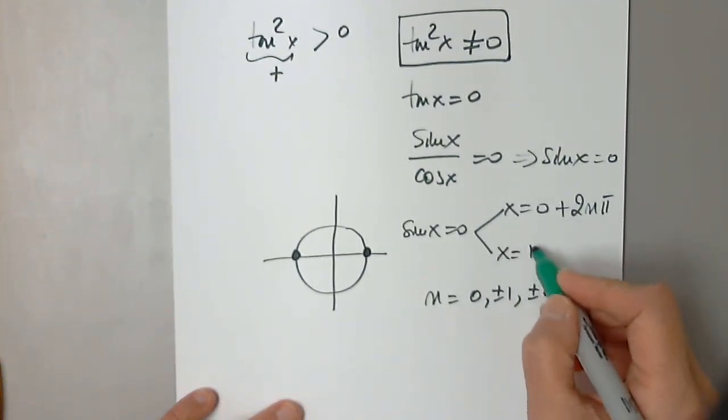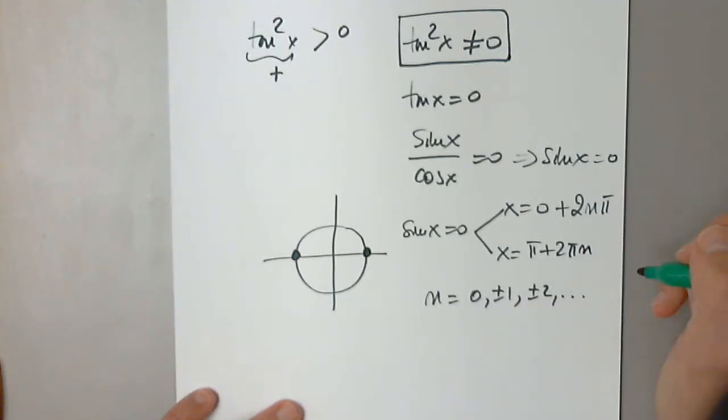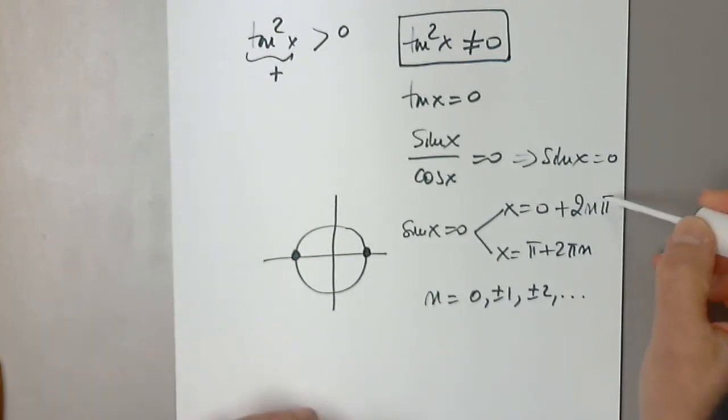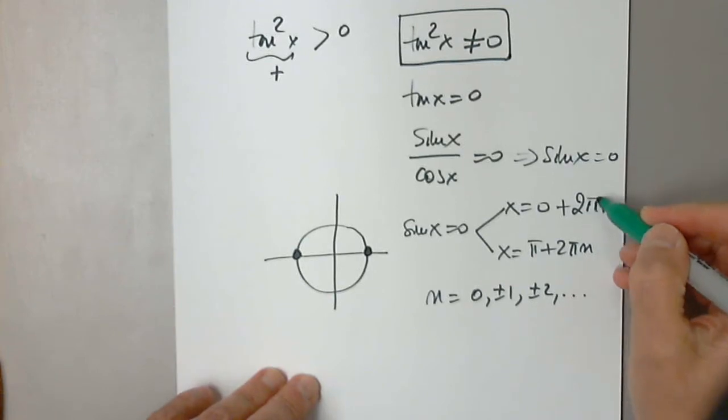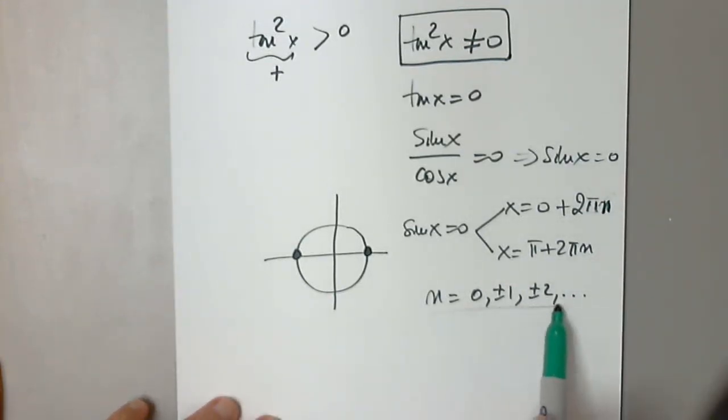I use k, but use n, since your book says n, that's fine. And the other option is pi plus 2 pi n. That's the correct way of writing it, where n is any integer.